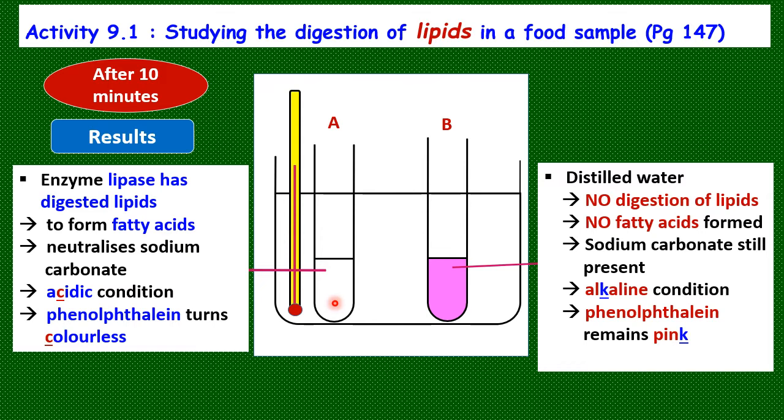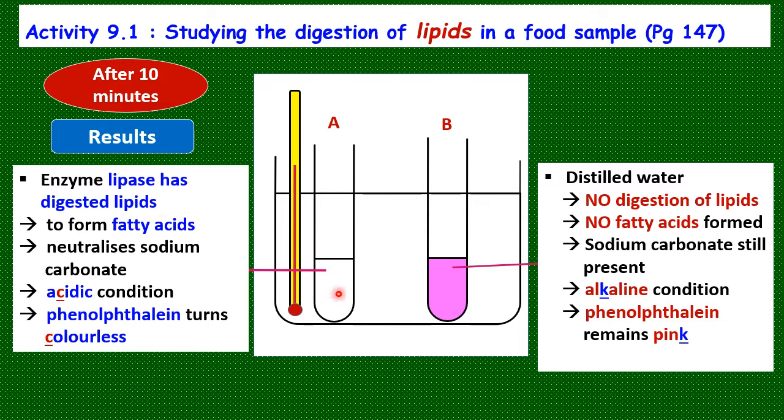Below 8.3, the phenolphthalein will turn colorless. The pH may even go down to neutral and then acidic conditions as more and more fatty acids are formed from hydrolysis of lipids by lipase.